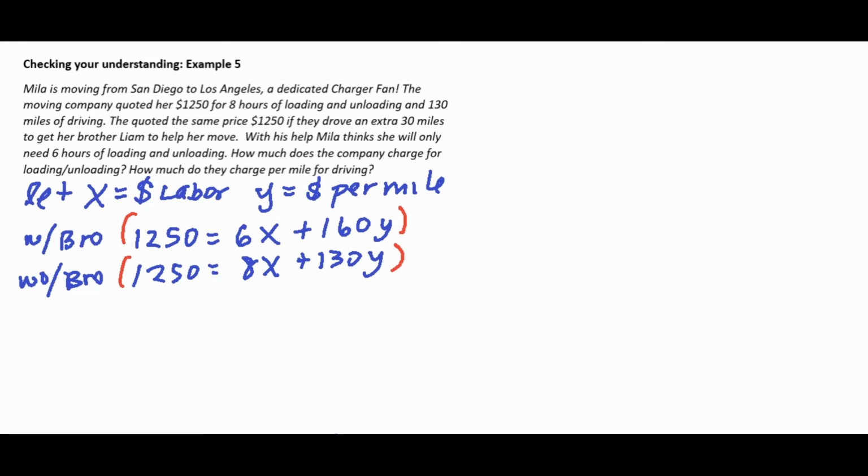I'm going to set it up so that one of my x terms becomes negative 24x and the other becomes positive 24x, because 24 is the lowest common multiple of 8 and 6. So I'm going to multiply my top equation by positive 4, every single term. 1,250 times 4 becomes 5,000, 6x times 4 is 24x, and 160 times 4 is 640y.